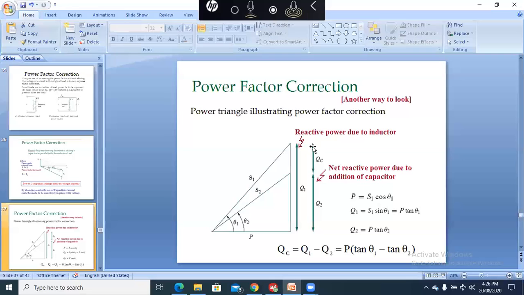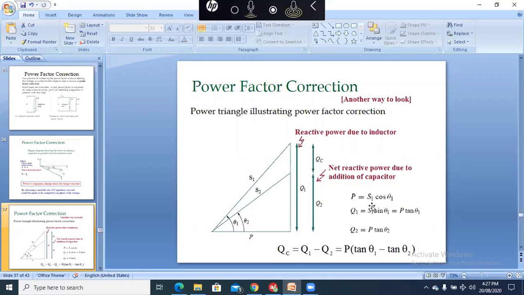So the reactive power added by the capacitor is Q1 minus Q2, and Q1 and Q2 are calculated from this: the real power is S1 cos theta 1, and the reactive power is S1 sine theta 1, right?